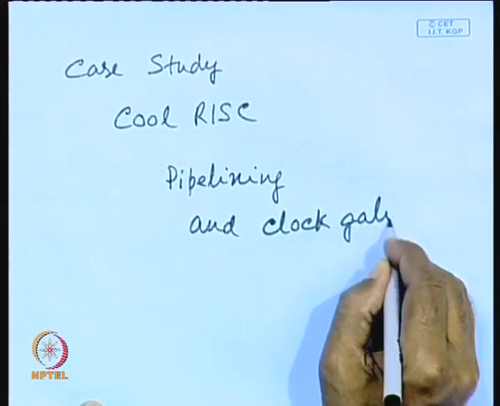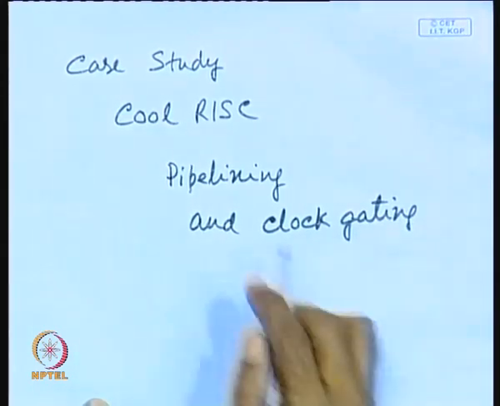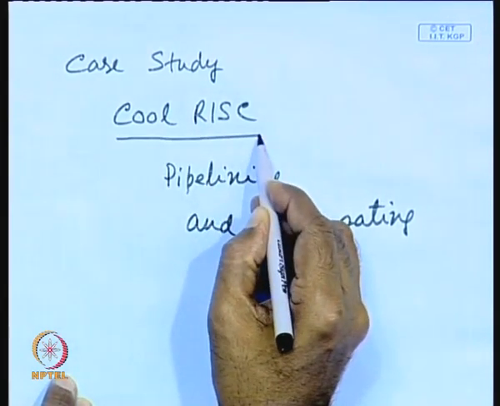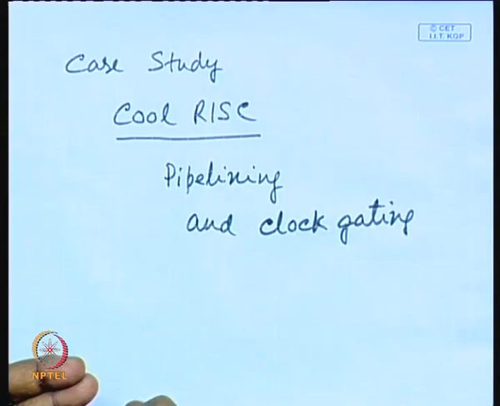So, by using pipelining and clock gating together, this Cool RISC chip was implemented. So far as functionality is concerned, it is very similar to the popular Intel 8051.